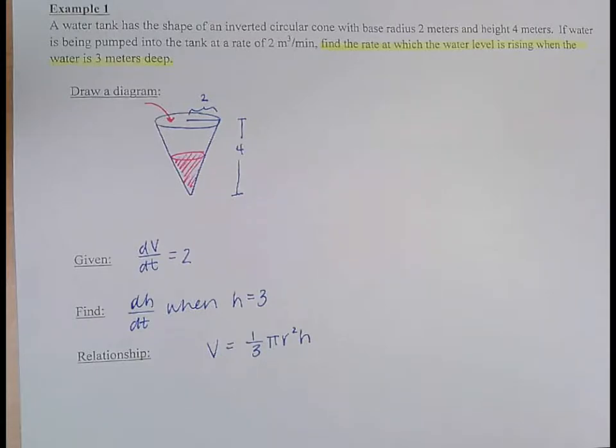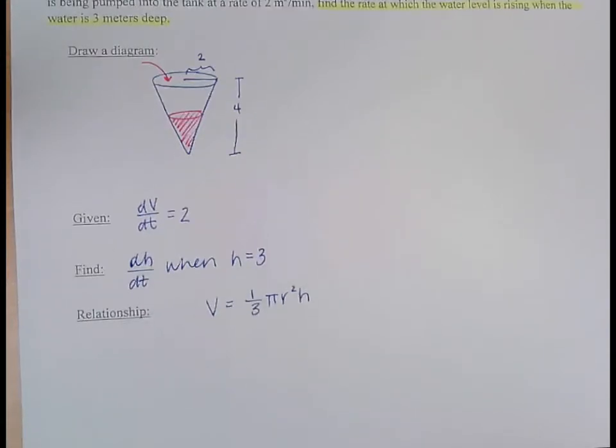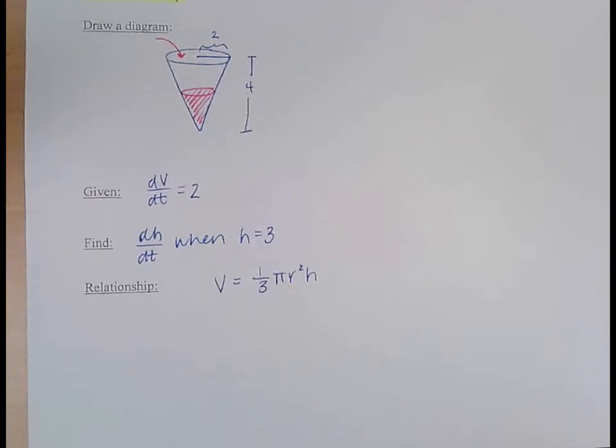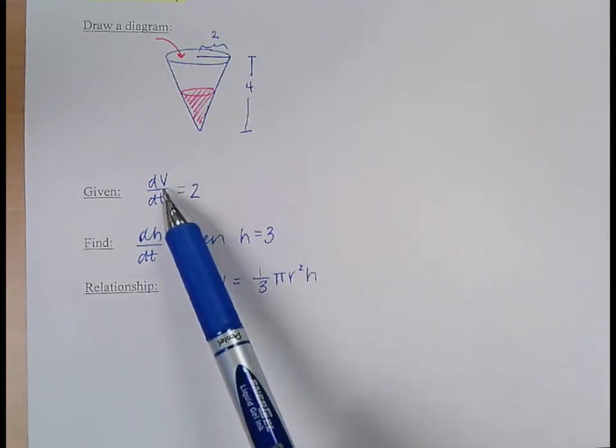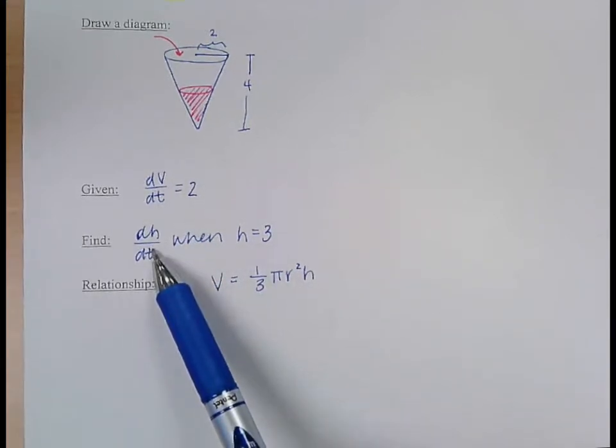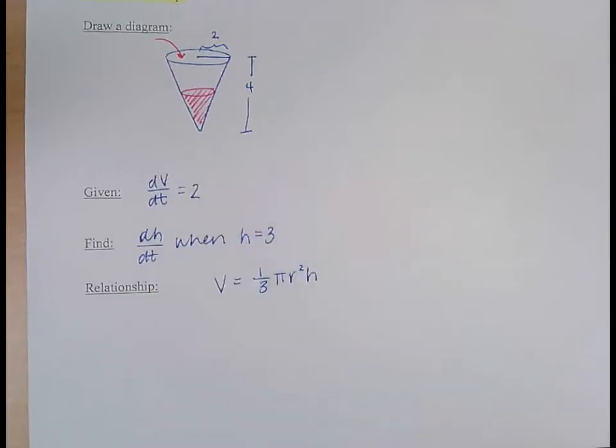Okay, so then working through this, I included this example for a specific reason because notice the relationship for the volume of a circular cone. The volume is in terms of the radius and the height. However, we have the rate of volume. We're trying to find the rate of the height. We have no information about the rate of the radius.